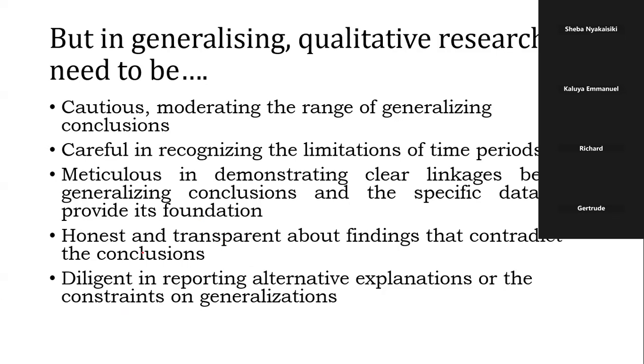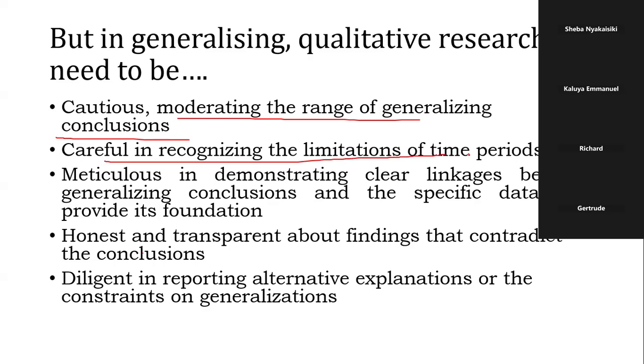But in generalizing here, they say the qualitative researcher needs to be cautious, moderating the range of generalization, so that you don't make your conclusions conclusive. This is where we normally say probably this means this, probably. You leave that room of doubt.